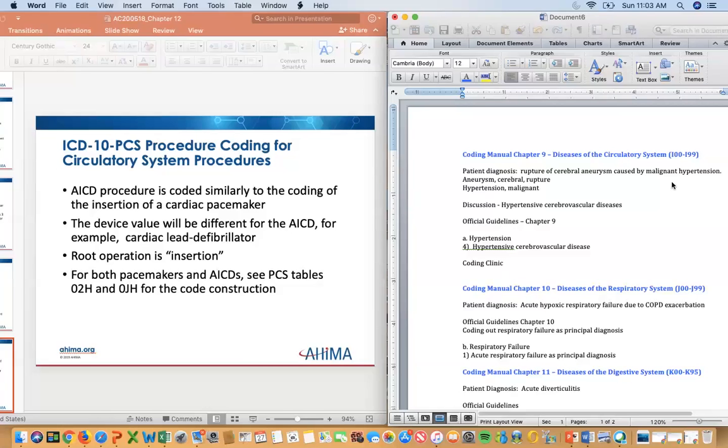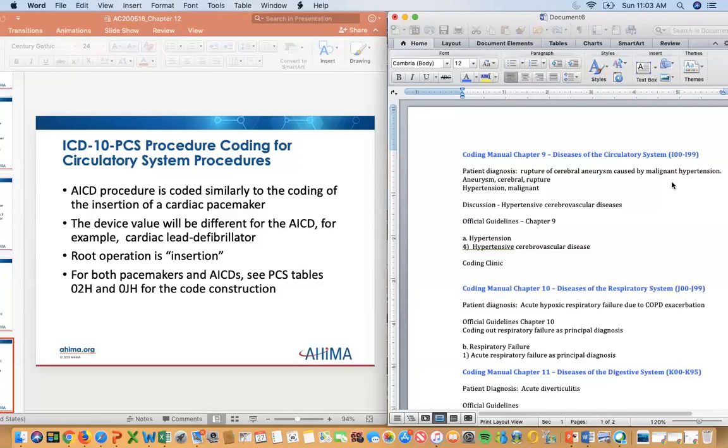All right, so our code I60.7 in my tabular reads non-traumatic subarachnoid hemorrhage from unspecified intracranial artery. It's ruptured, and you'll read underneath there the notes, ruptured cerebral aneurysm, and that's exactly what we see in our diagnosis, ruptured cerebral aneurysm.